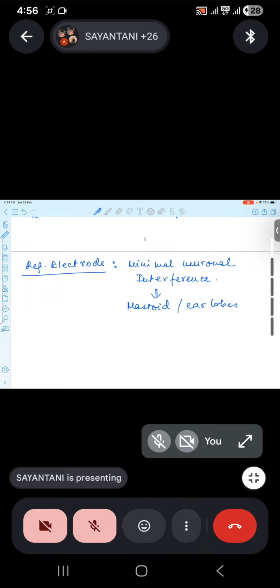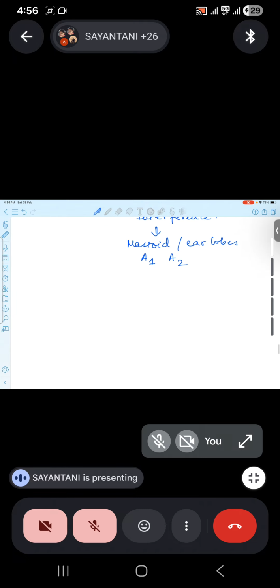Okay. So you have two earlobes, left and right. So we have two electrodes, A1 and A2. A1 is placed on the left earlobe, and A2 is placed on the right earlobe. Okay. So what is the advantage of this kind of recording system? This particular recording system is the most popular one. All the devices we have in our AI lab follow the unipolar recording system.